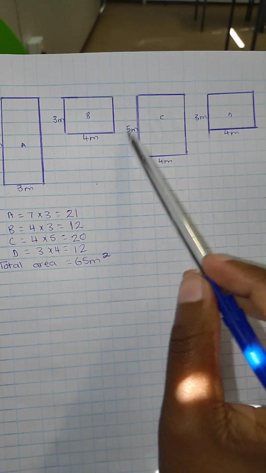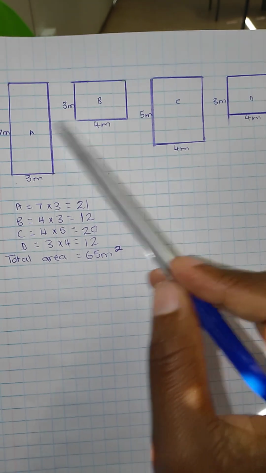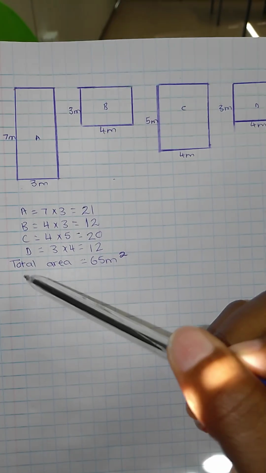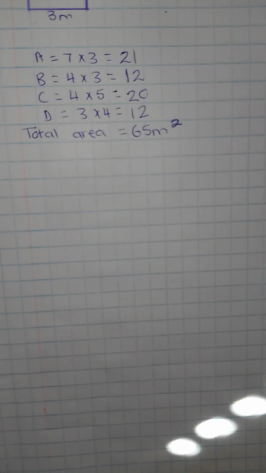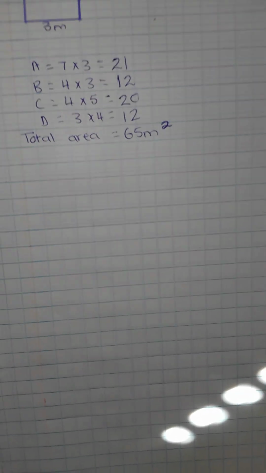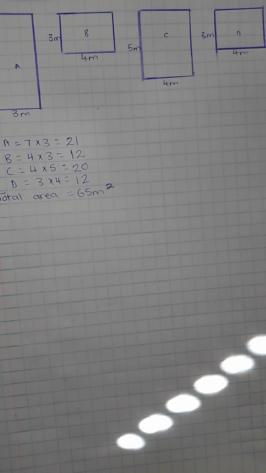When you are done measuring the sides separately and multiplying them separately, you then add all of them together, and that is how we got the area of this weird looking figure. So the area of this is 65 meter square. And another thing I need you to remember is that area is always in meter squares.